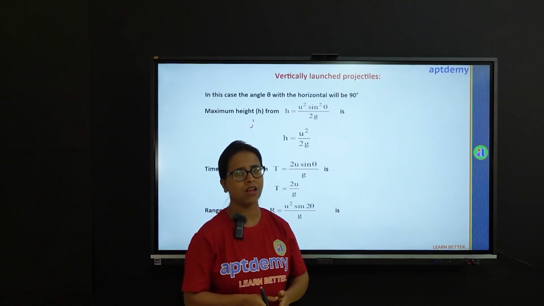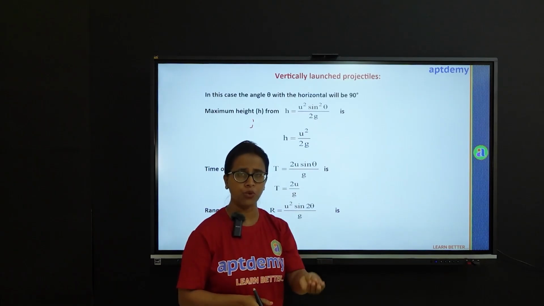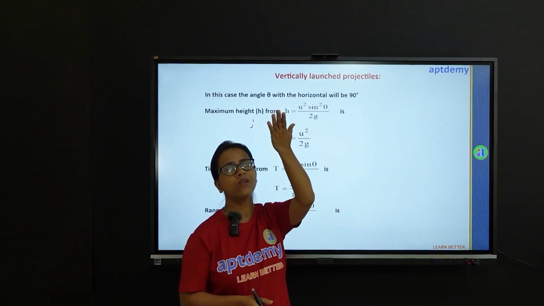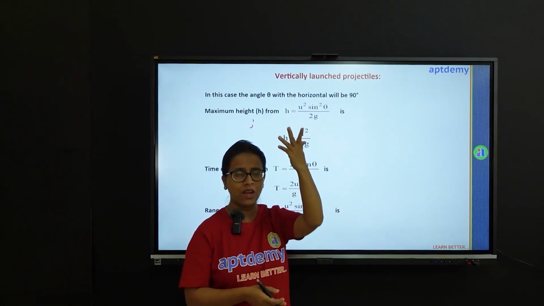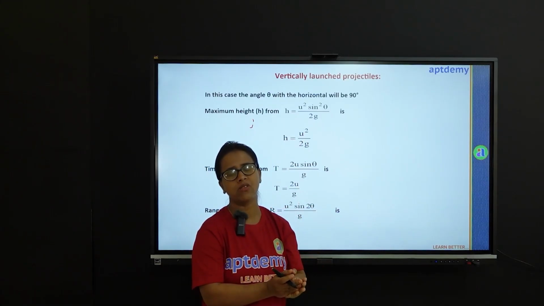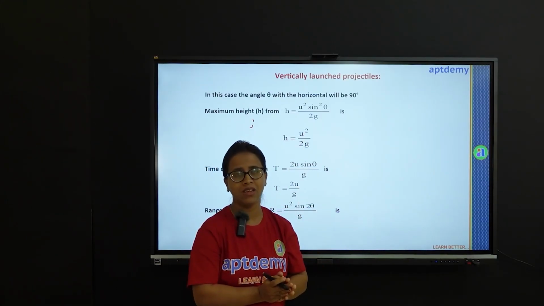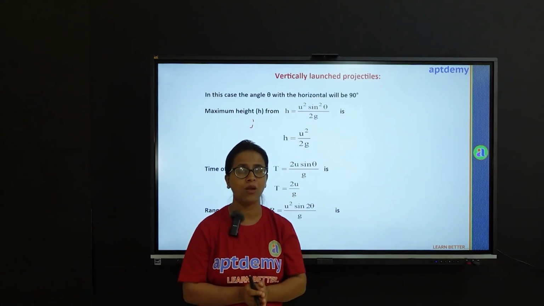So what does this actually mean? That when you are throwing a projectile, think of a stone vertically upwards, if you have maintained the angle, then the projectile will fall back into the hands of the thrower. Mind it, you have to go with the assumptions of projectile motion.